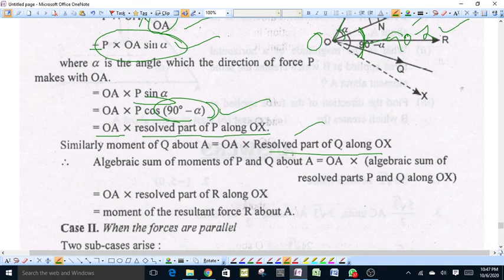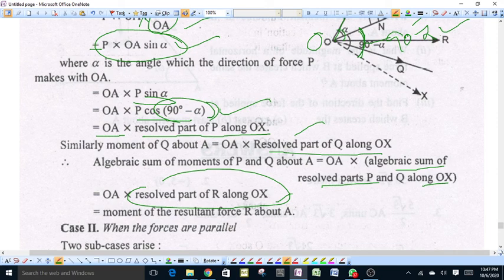This means the algebraic sum of moments of P and Q about A will be equal to OA into the algebraic sum of resolved parts of P and Q along OX. This can be written as OA into the resolved part of R along OX, because the algebraic sum of resolved parts of P and Q along OX is equal to the resolved part of their resultant along OX.